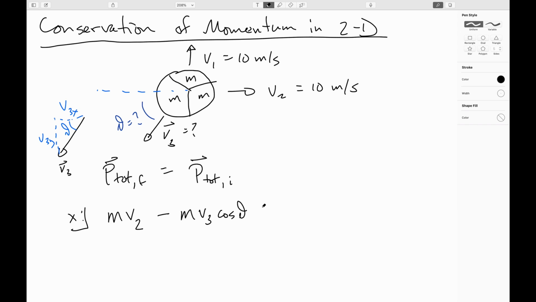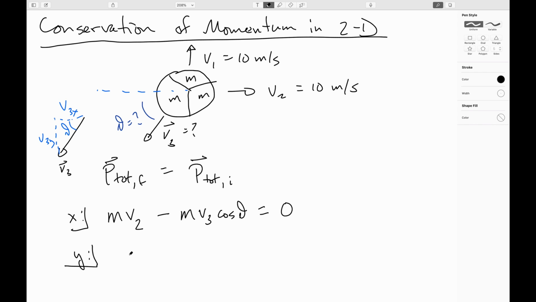All right, and what was the total momentum before? Well, before, the plate was at rest. If the velocity is 0, the momentum is 0. And that's true both in x and y. All right, now let's do this again in the y direction. So in the y direction, we first look for anything that's moving upward.